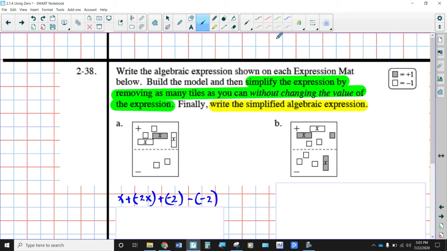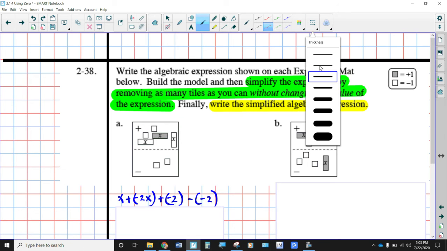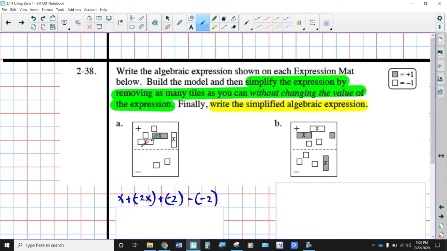What you can do here now is strike out your zero pairs. So you recognize that this and this cancel each other out because they're a zero pair. That's the x and one of these negative x's, leaving you with just a negative x. And then you notice how you got negative 2 minus a negative 2, which when we do KFC becomes plus a positive 2.